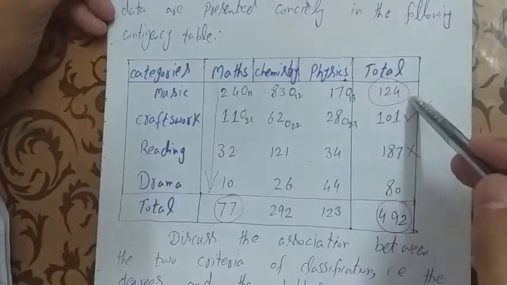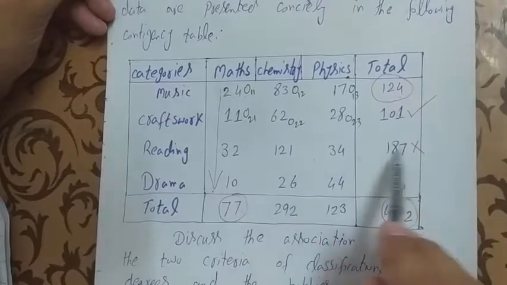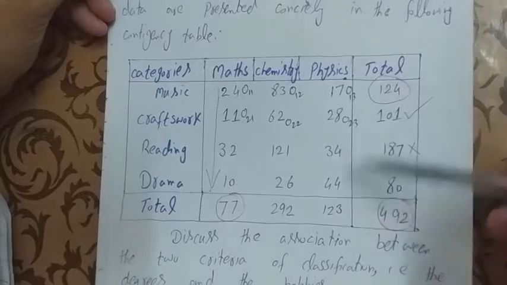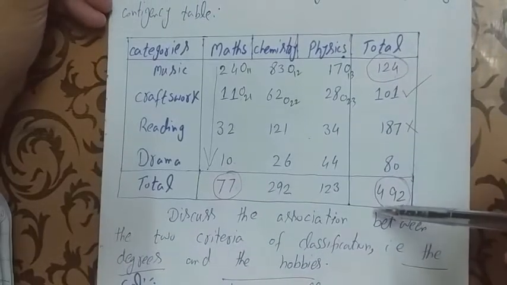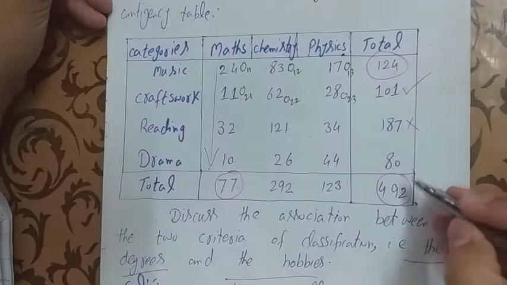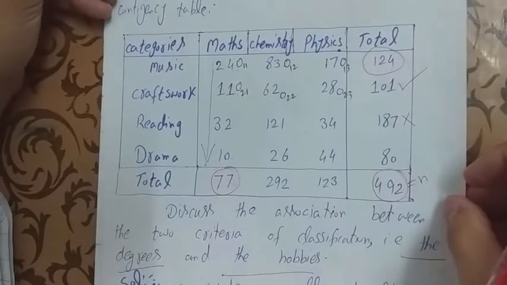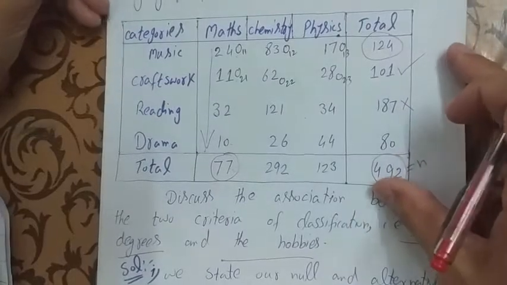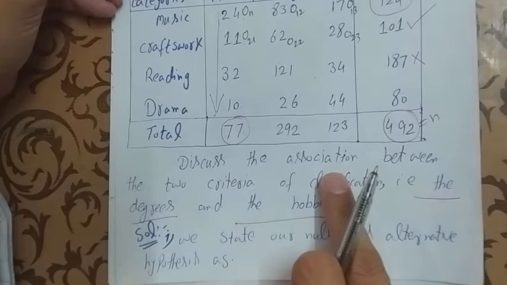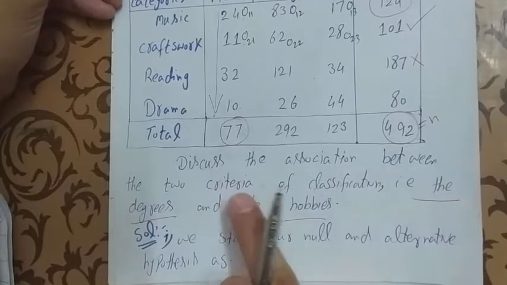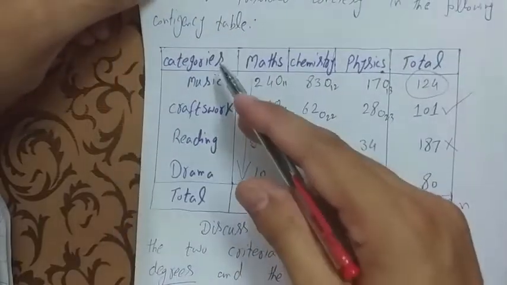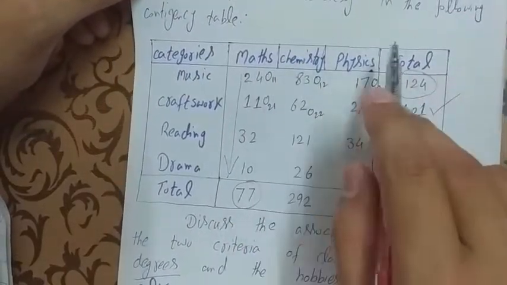These are the row totals, these are the column totals, and this point is the marginal total, which we represent by n. The problem discusses the association between the two criteria of classification, that is the degrees and the hobbies. These are the hobbies and these are the degrees.